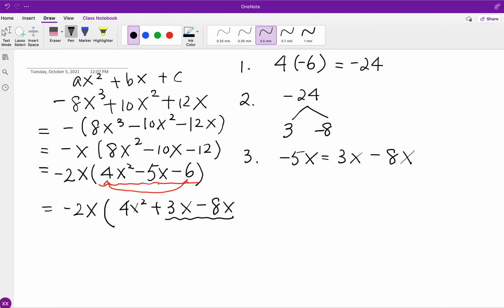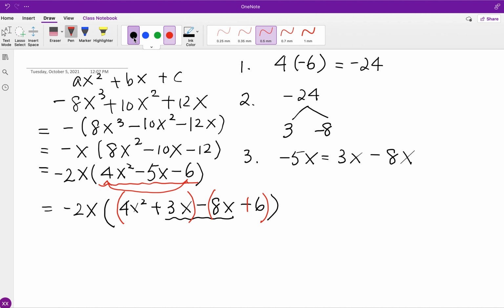Then subtract 6. Now we're going to bundle them up into two binomials. There are 4 terms here, but I'm going to bundle them up into 2 binomials. That is one binomial. Bundle this up. Again, this is plus now because the negative sign is outside.